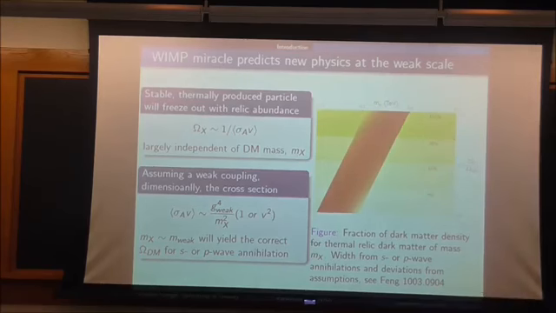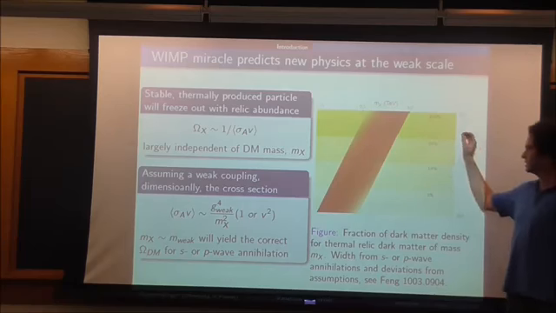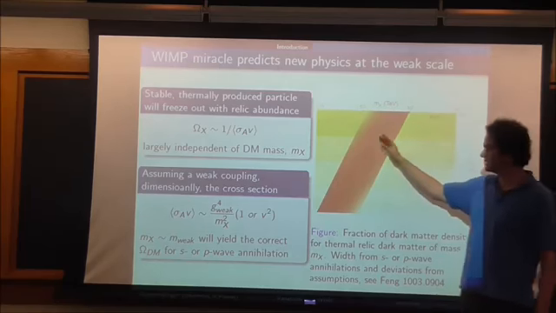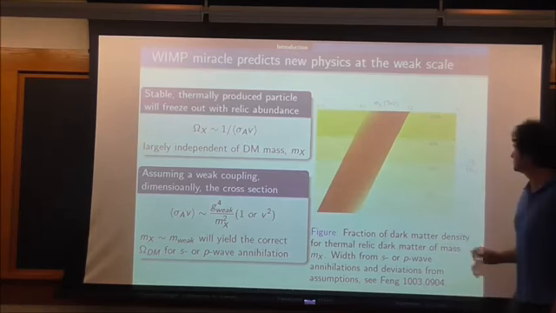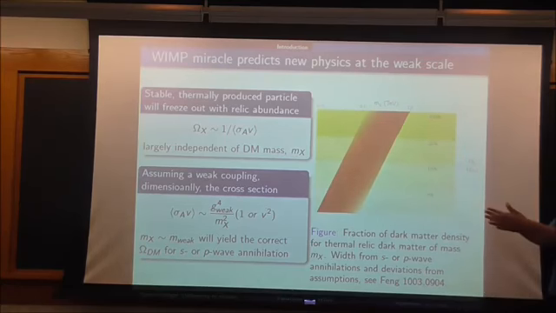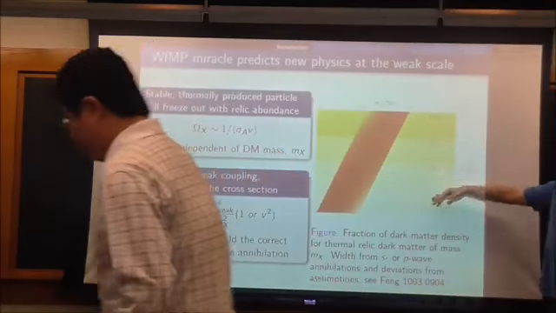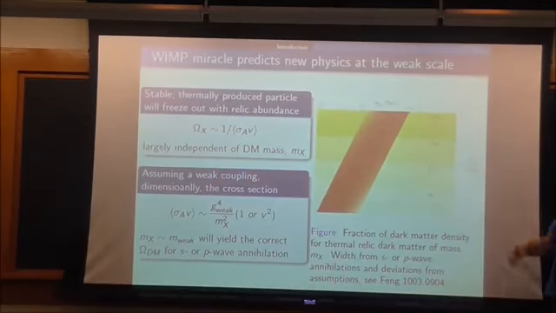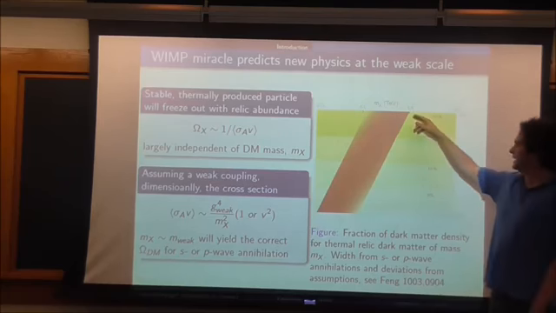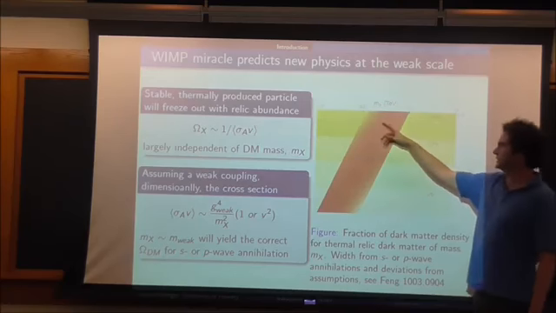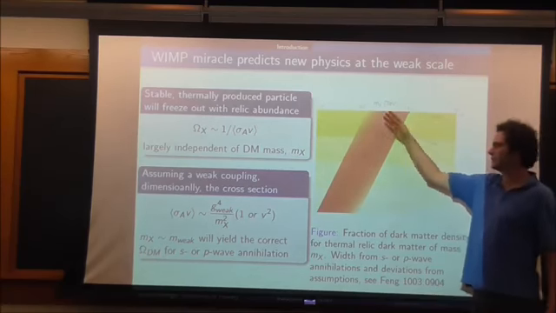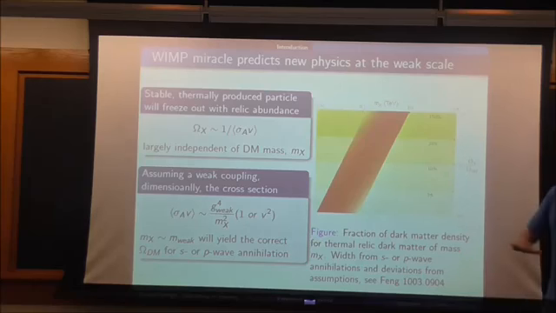And if you make that mass weak scale, you get something that looks like this plot over here, where this brown band is the dark matter mass range that you can get a percentage of the observed dark matter abundance that you see today from WMAP or Planck. The idea is just that at the top of this plot, you get a weak scale dark matter mass, right? This is just kind of a cartoon. The band can be bigger or smaller than that, but in general, it's the WIMP miracle.